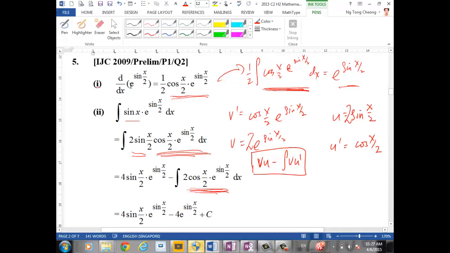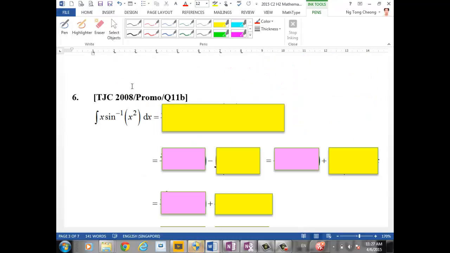Now we move on to question 6. If you are familiar with your lecture notes, I hope you can recognize the sort of technique that will be deployed whenever you see a sine inverse term inside an integral. Normally, if you see an inverse trigo function, it has to be done using integration by parts.